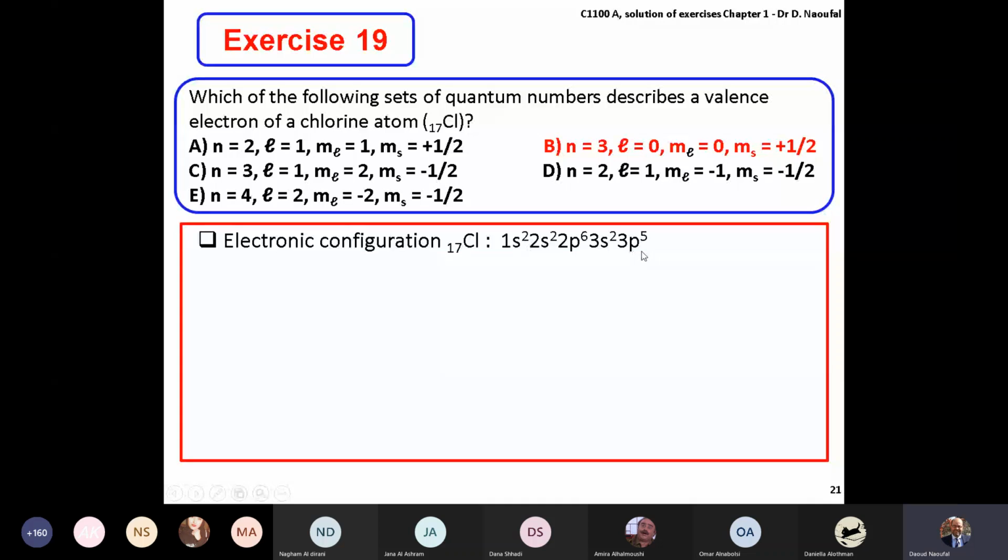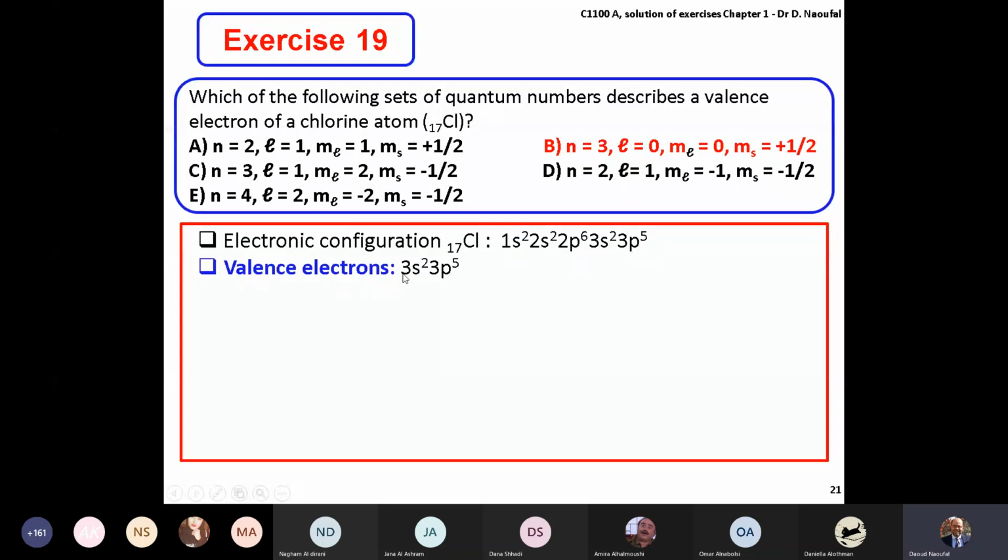In the second part of the chapter 2, I will explain the sequence of this electronic configuration. 1s2, 2s2, 2p6, we have 10, 3s2, and 3p5, we have 5 electrons. The valence shell is level 3. And the valence electrons are the electrons on the valence shell. So the valence electrons are 3s2, 3p5, we have 7 valence electrons.